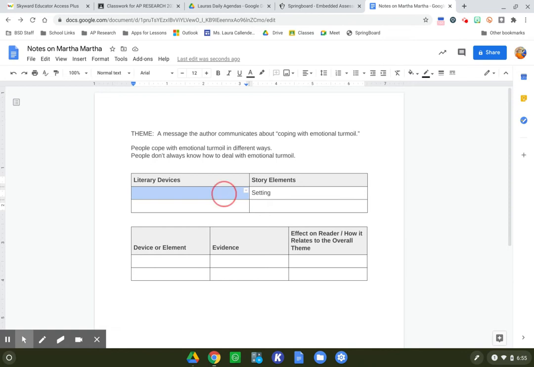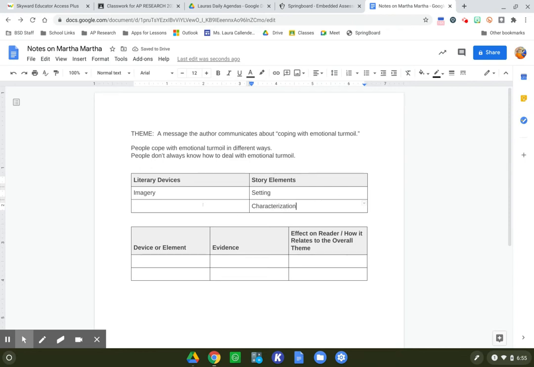Literary devices. Let's see. I'm trying to think. Already I know there's going to be imagery. There are such great character descriptions, both of their physical appearance and their personalities. Another story element that I know of is characterization.